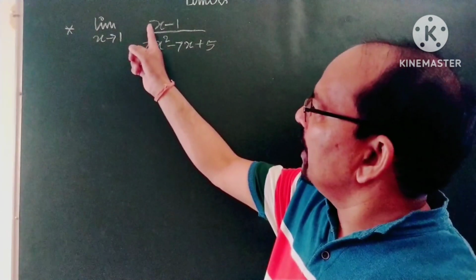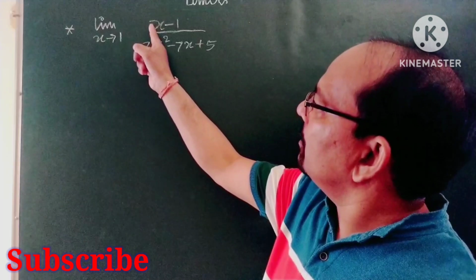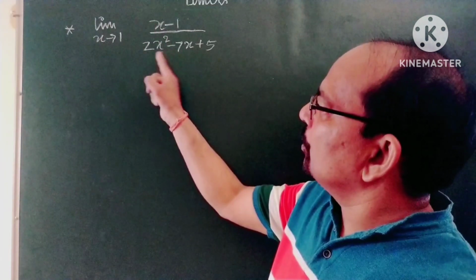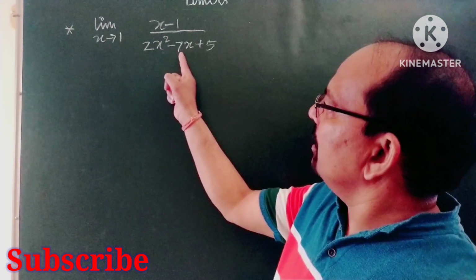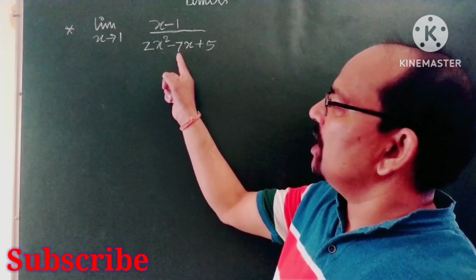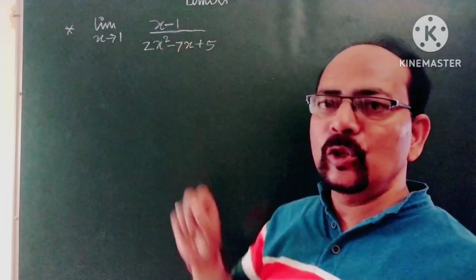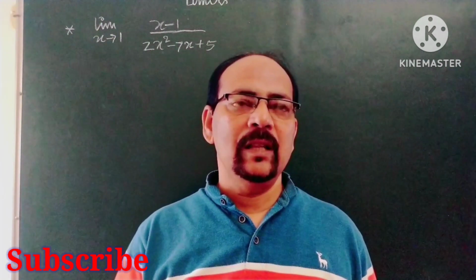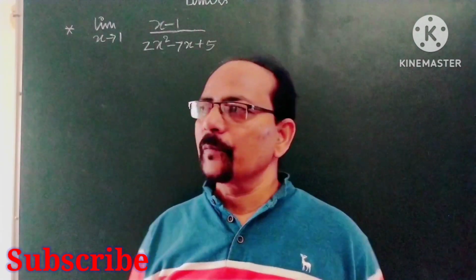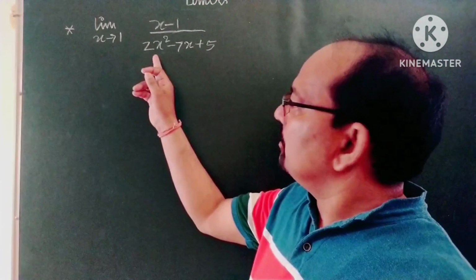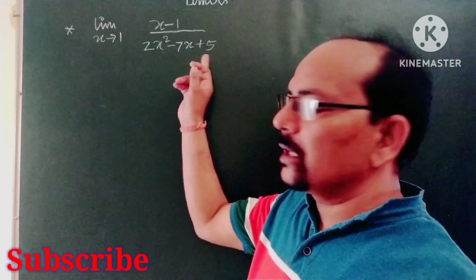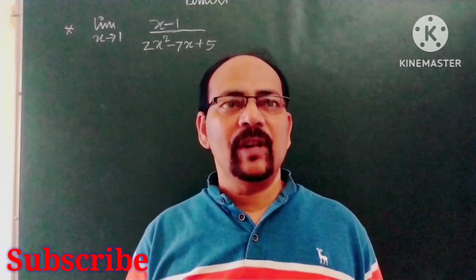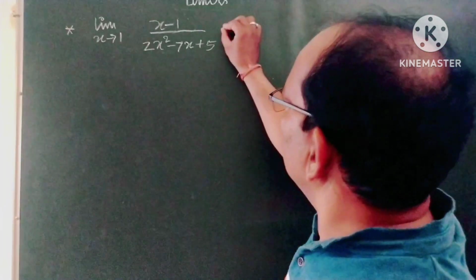In the numerator there will be 0, and putting 1 in the denominator also gives 2 minus 7 plus 5, which is 0, therefore it will be 0 by 0 form, and in this form the limit cannot be found directly. Therefore to find the limit of that function, we use another method. We observe that if we factorize the denominator, we can find the limit.